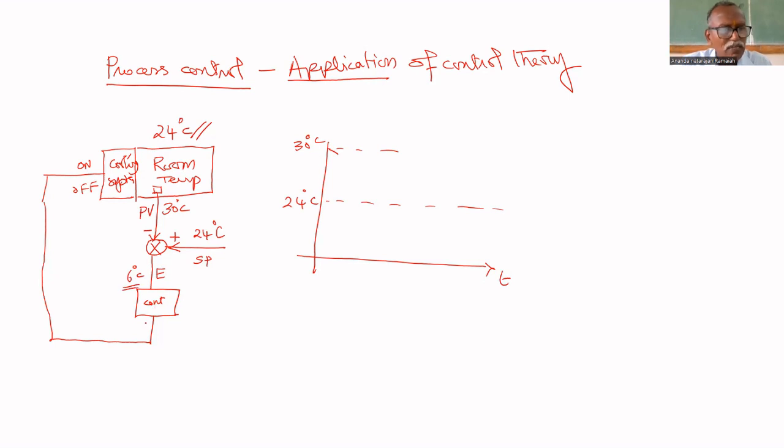That's why this controller turns on the cooling system, and the temperature is decreasing. Am I correct or not? X-axis is time axis, Y is actual temperature. This 24 is set point. This is PV, process variable.